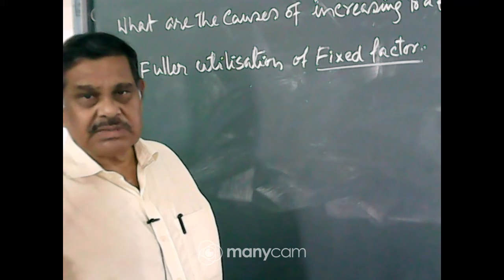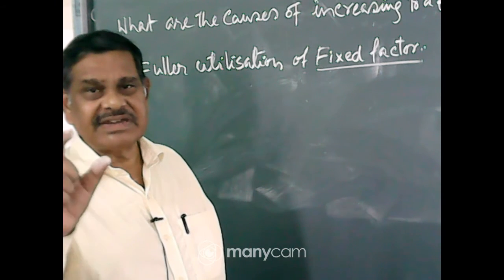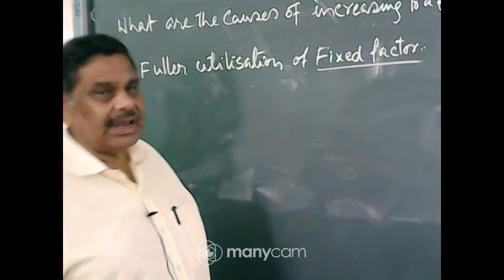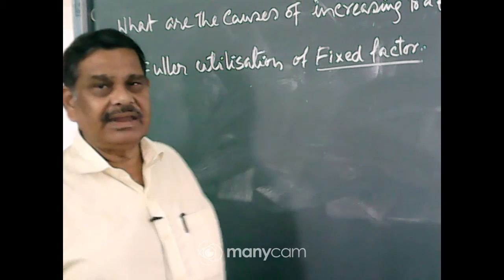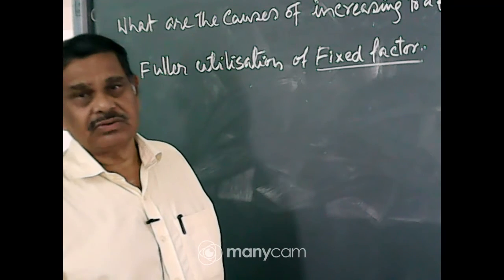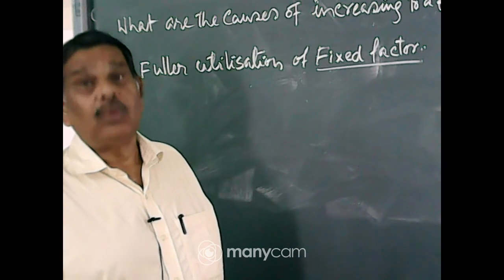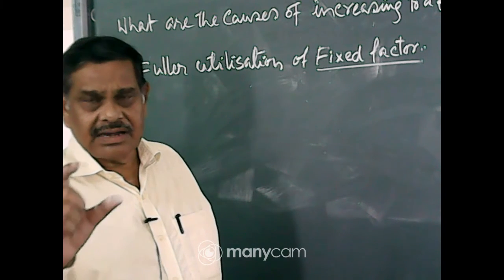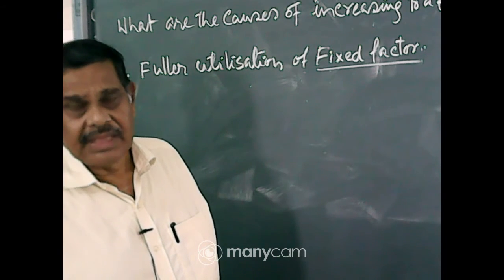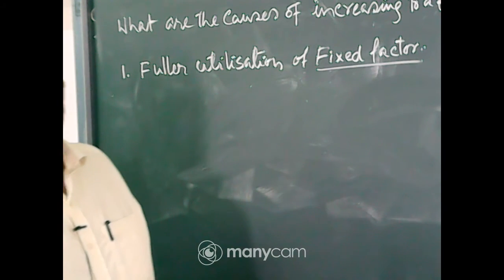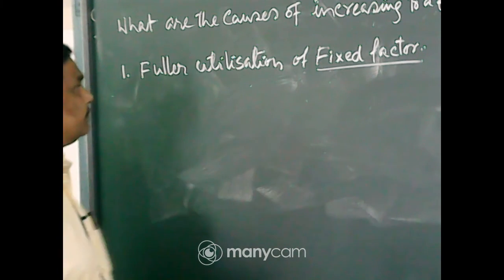It is not possible within a very limited or short period, because you have to collect some capital money, go to the shop and choose which is good, which is bad, what type of machine we will purchase, and then it will take time. Therefore, you cannot change the fixed factor within a short period of time.